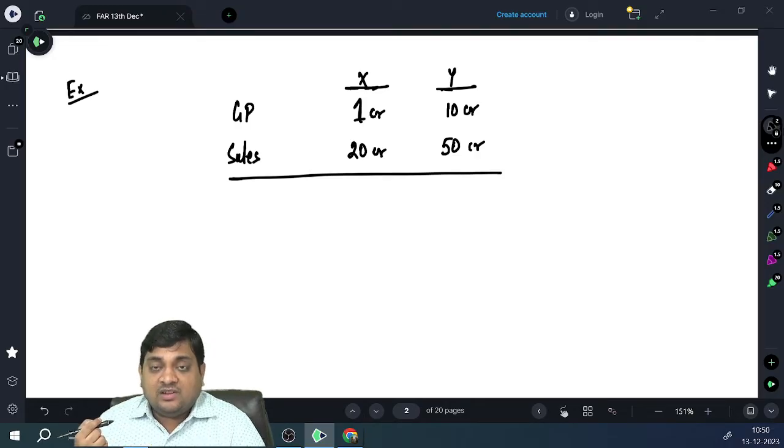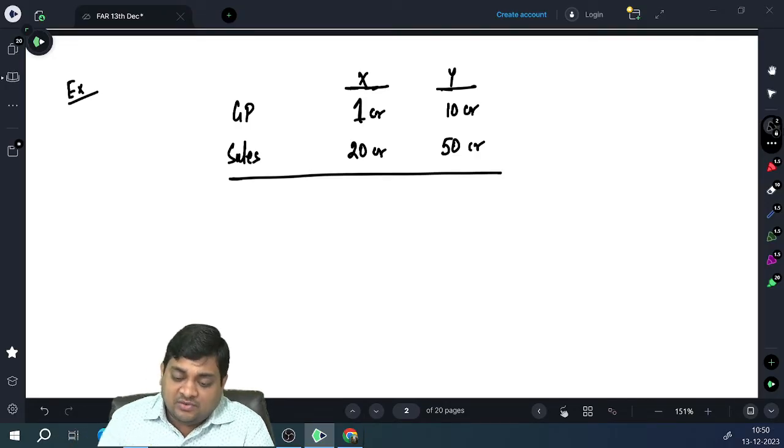But we are not going to see absolute measure. What we are going to see is the GP ratio.